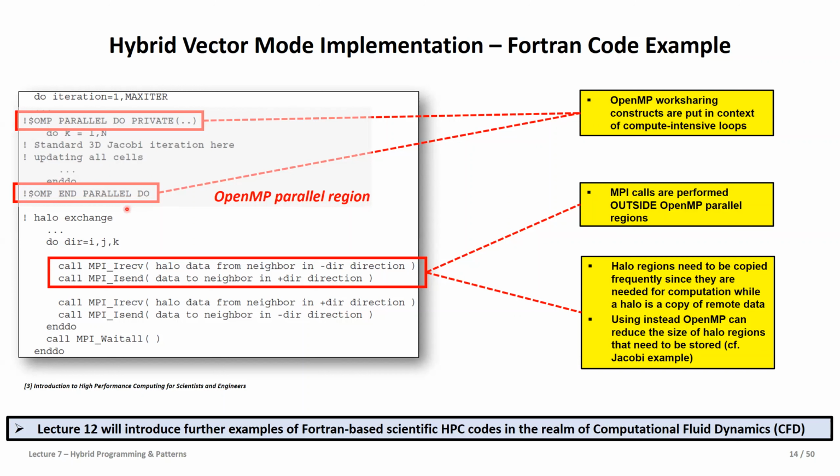So here I have a good way of disconnecting the shared memory from the distributed memory computing. We firstly have something compute intensive within the shared node, then I want to do a halo exchange maybe, come back to the neighbors and so on, and then do another compute intensive iteration based on the new values.